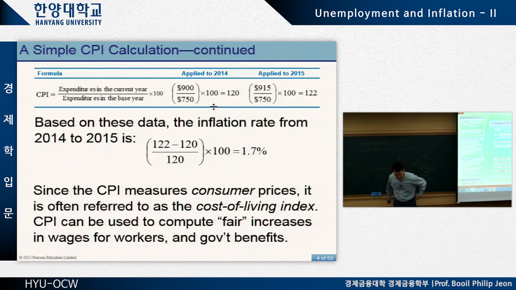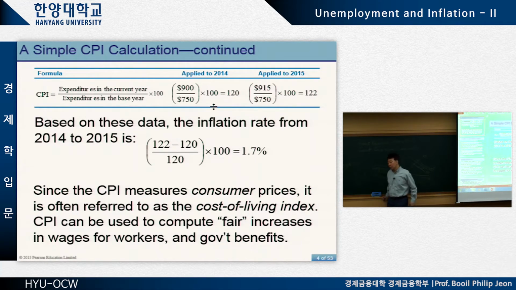For 2015, it comes out to be 122. So between the base year and 2015, there was a 22% increase in the general price level, which means the cost of living increased by 22% from 1999 to 2015.